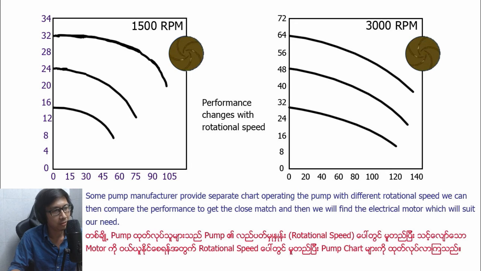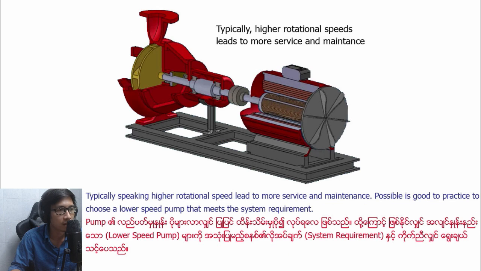Some pump manufacturers provide separate charts operating the pump at different rotational speeds. We can then compare the performance to get the closest match, and then we will find the electrical motor which will suit our need. Typically speaking, higher rotational speed leads to more service and maintenance.